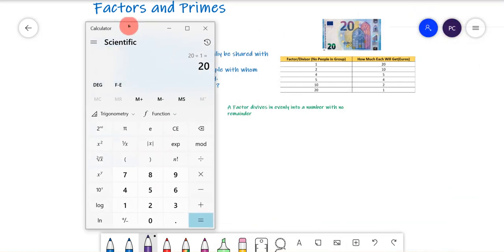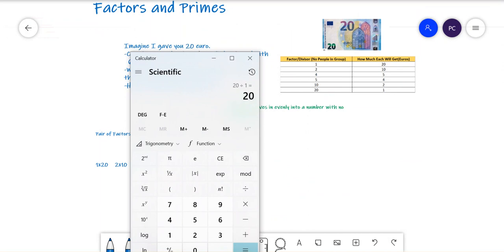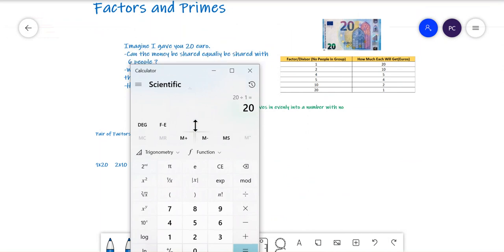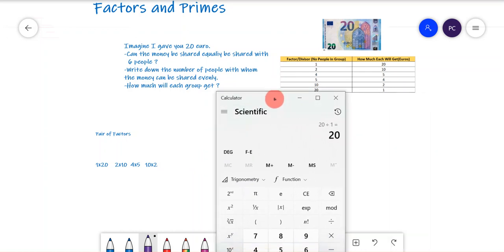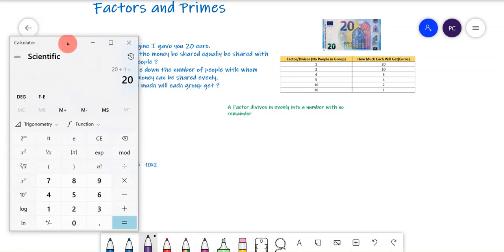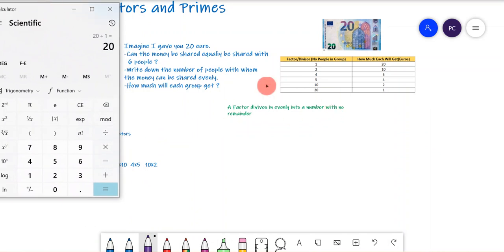So if we make one group, giving it to one person, that person will get the whole amount, €20. So 1 divides in evenly into 20, and what we can say is that 1 is a factor of 20.